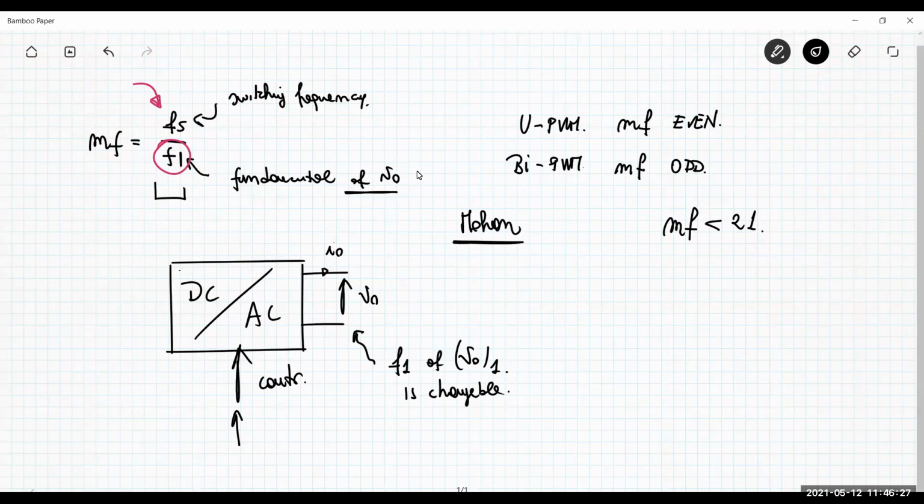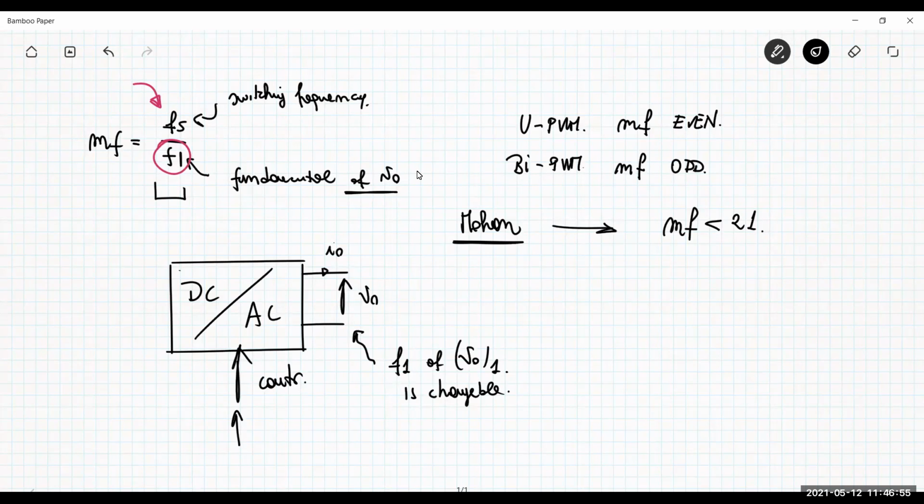He wrote a book on power electronics, which is very huge, including all about power electronics. A little bit complicated in my view. And in the book of Professor Mohan, you can see exactly this kind of derivation in order to find out this threshold that separates MF large number or lower number.